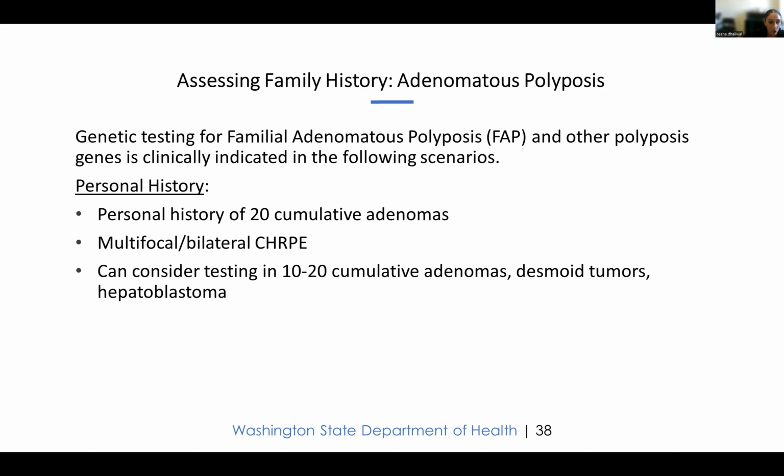So even if someone doesn't have quite that cutoff of 20, but they've still had many adenomas over a few colonoscopies at a fairly young age, there are provisions to consider testing in those individuals, especially if they have other features of FAP like desmoid tumors or a young child diagnosed with hepatoblastoma. Testing is indicated for FAP in those cases.